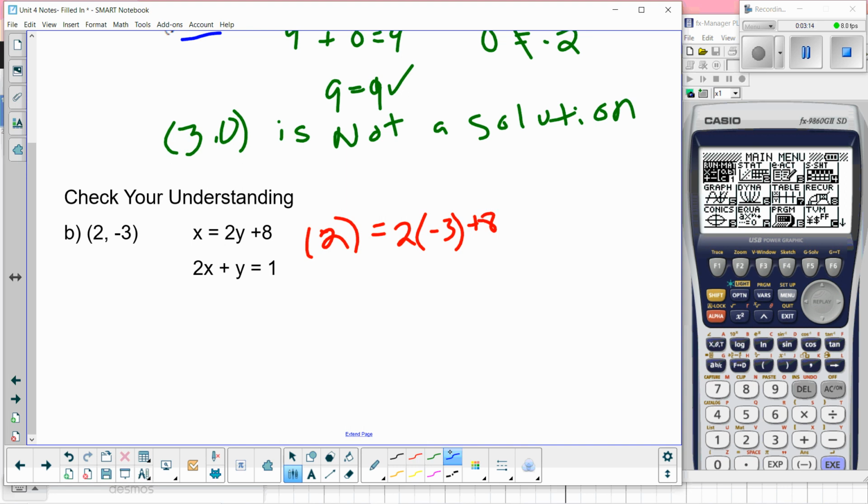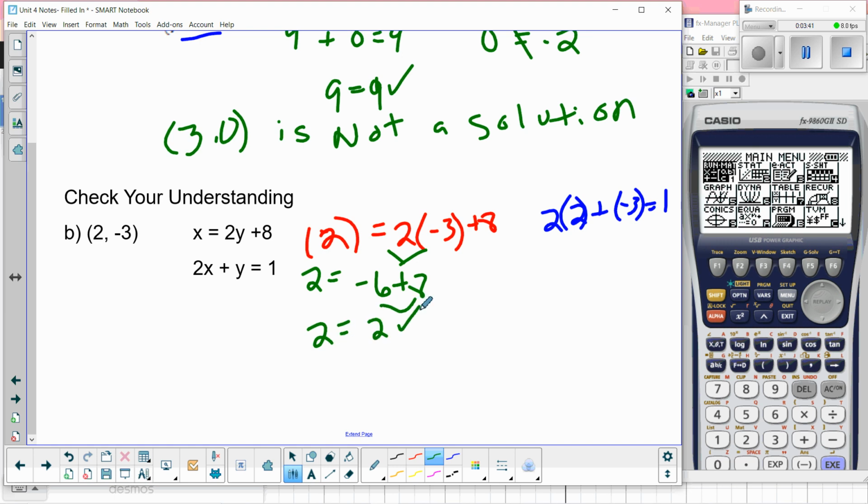And I do the same with my other equation. 2, x is 2, plus y is negative 3 equals 1. So 2 equals 2 times negative 3 is negative 6, plus 8. 2 equals negative 6 plus 8 is 2. Check, that one is true.